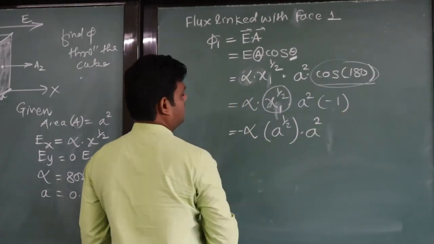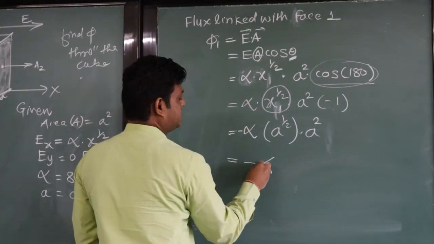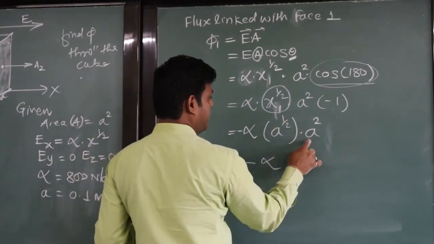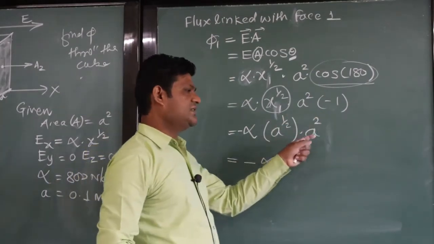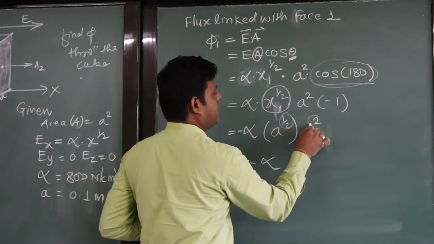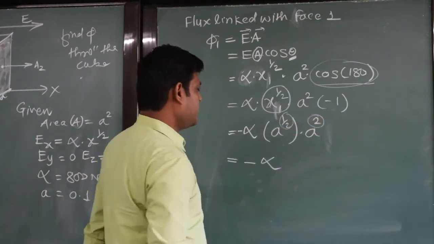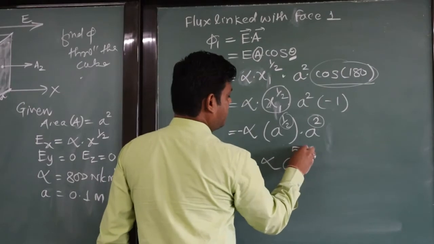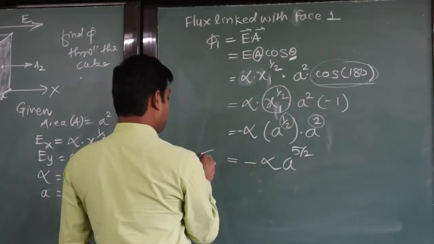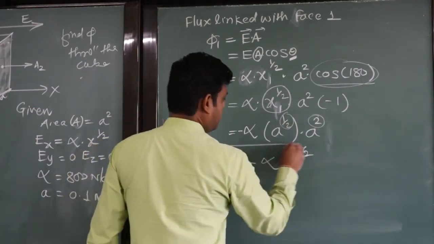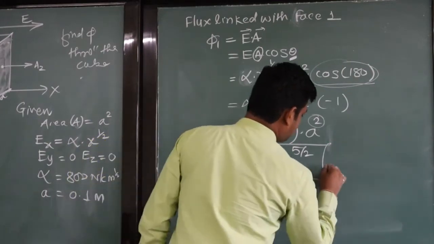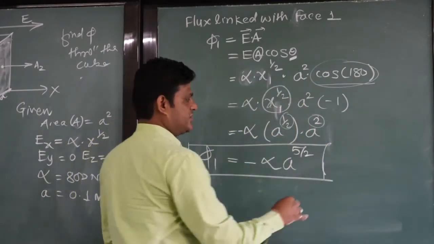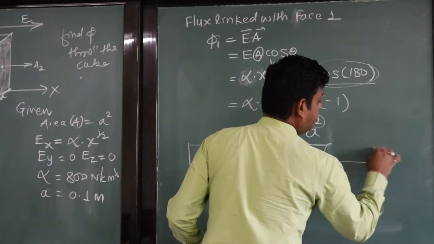So minus alpha a raised to half, a raised to square, the base is same, we will add the powers. What will you get? a raised to 5/2, that you can calculate, that is right. So this is the flux linked with face 1, equation number 1.